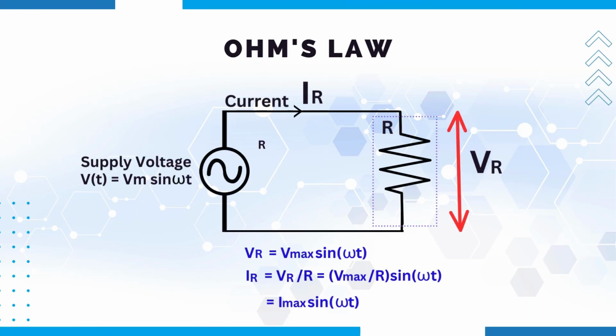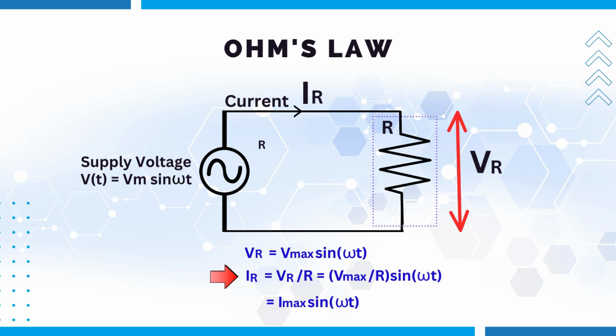From the circuit, VR equal to V max sin omega t. Let's break it down. VR is the instantaneous voltage at any given moment. Vmax is the maximum voltage, and omega t represents the angular frequency, how fast the waveform oscillates over time.